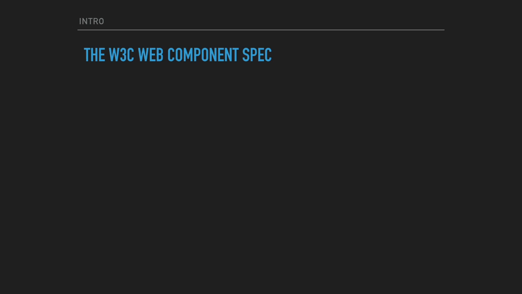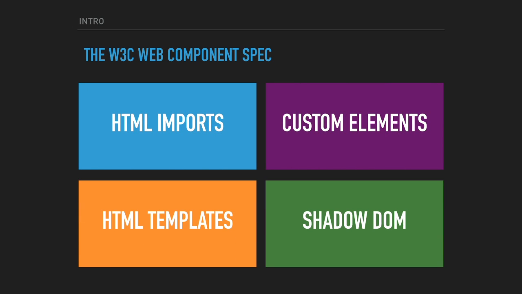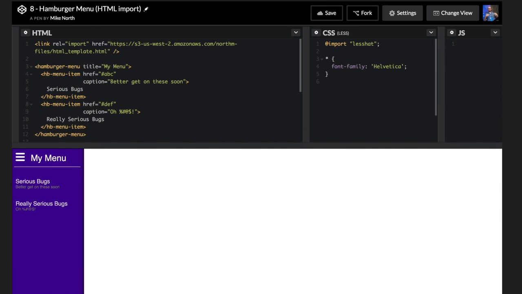The W3C Web Component Spec is a fancy term that describes the combination of four new technologies: HTML imports, custom elements, HTML templates, and ShadowDOM. We're going to finish off by looking at a couple of demos that progressively build up to a hamburger menu.